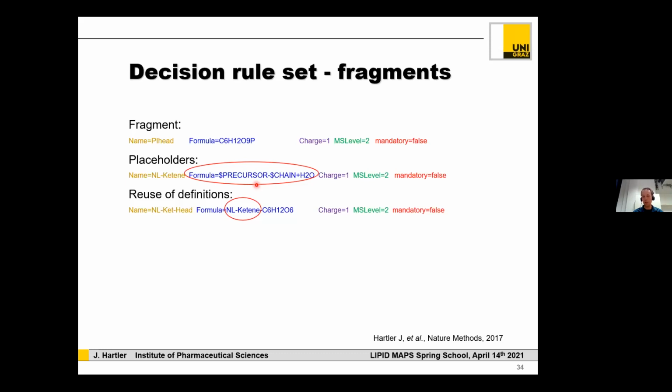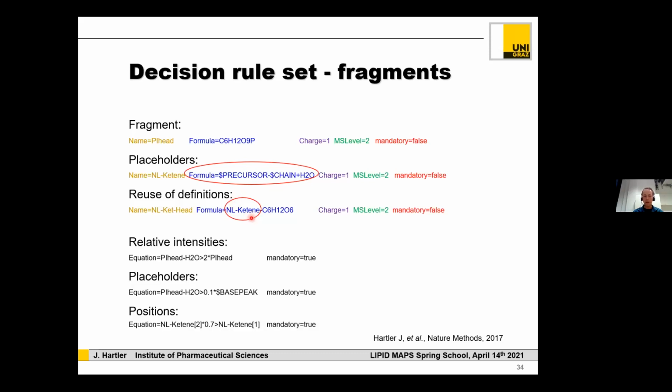If you have two chains, it tries out all chain combinations that match to the total number of carbons and double bonds. And these names you can then use in intensity rules, which in fact should reflect the natural fragmentation pattern of this lipid species.